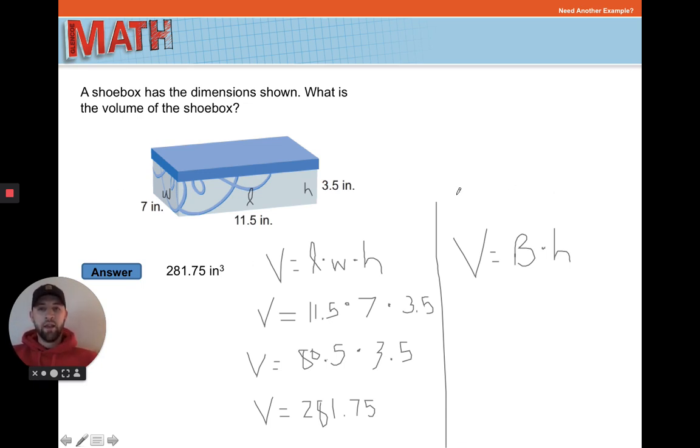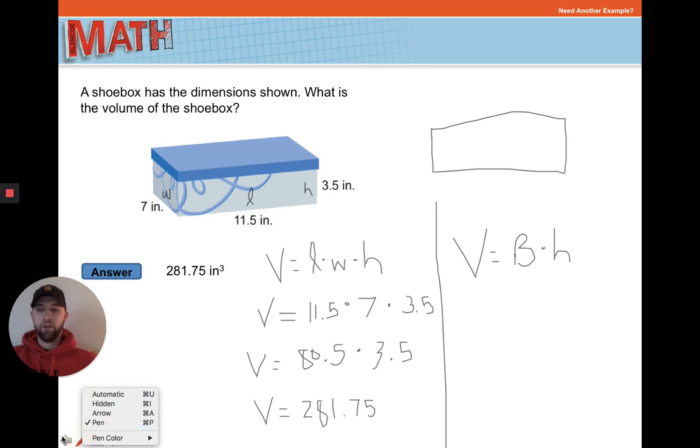If we look at volume, it is equal to the area of the base, that's what this capital B stands for, times the height. If I was to take out the base, this shape would be a rectangle that looks something like that, but it's really not that curvy at the top there, so I apologize for that.